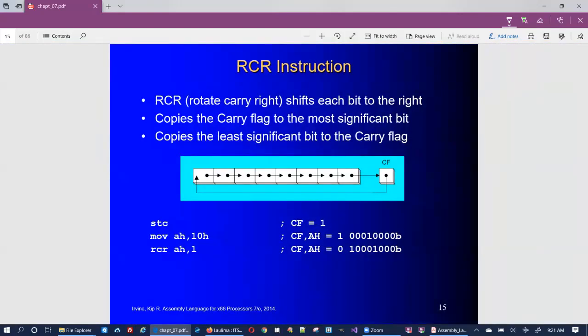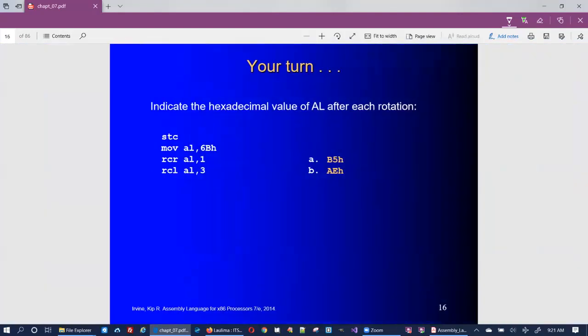And the rotate carry right, it's like dividing by 2, where they're all going down. The lowest order bit goes into the carry flag, and the carry flag comes around and goes into the highest order bit. And you can try out these examples.